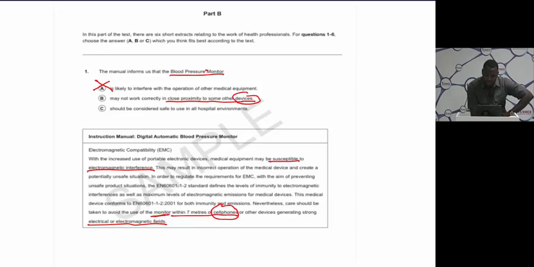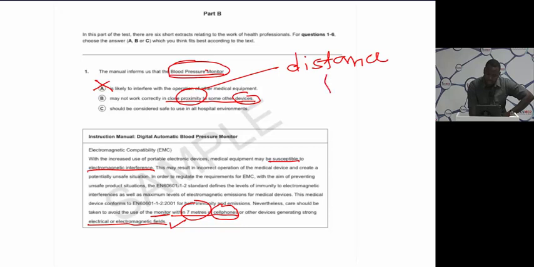Which monitor are we talking about? A blood pressure monitor. It also says within 7 meters of cell phones or other devices generating strong electromagnetic fields. It's very obvious because it talks about 7 meters. And don't forget, I explained earlier that the word proximity means distance. And this distance explained here is 7 meters.